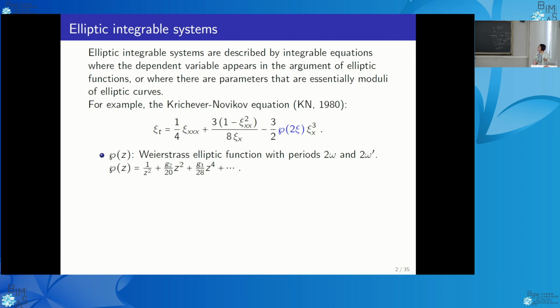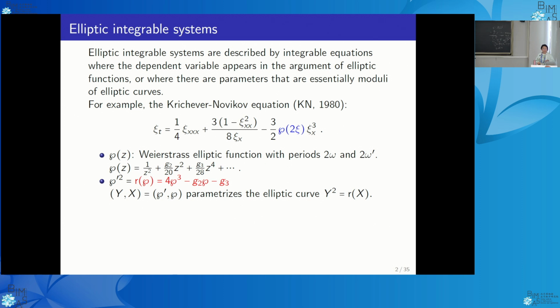If we differentiate this result, we get its derivative P prime, and we can prove P satisfies this differential equation. And we can see, in fact, P prime can parameterize the elliptic curve.